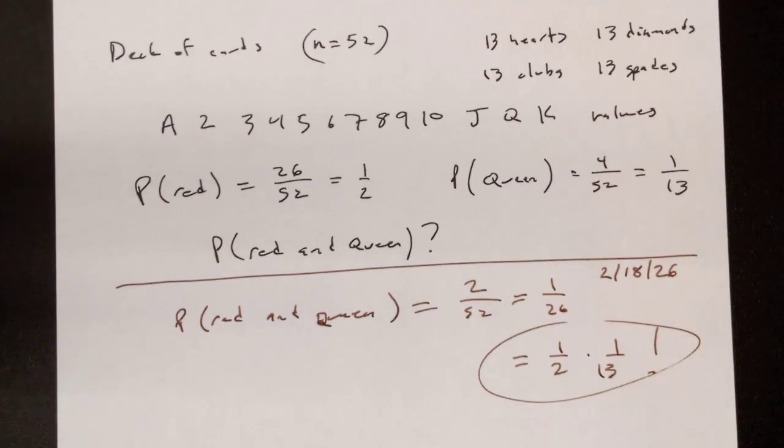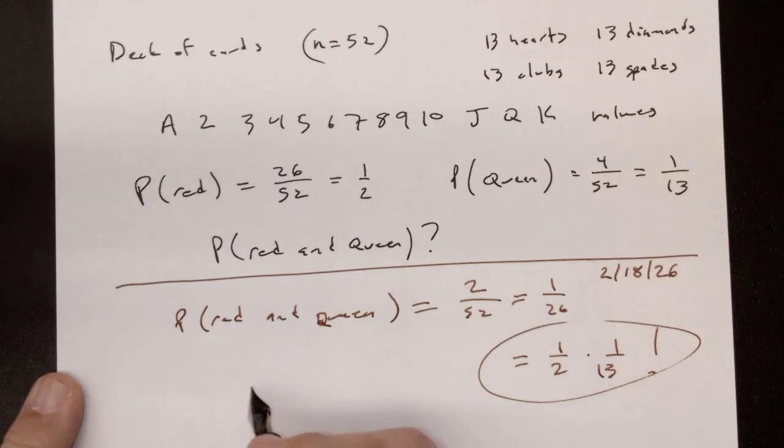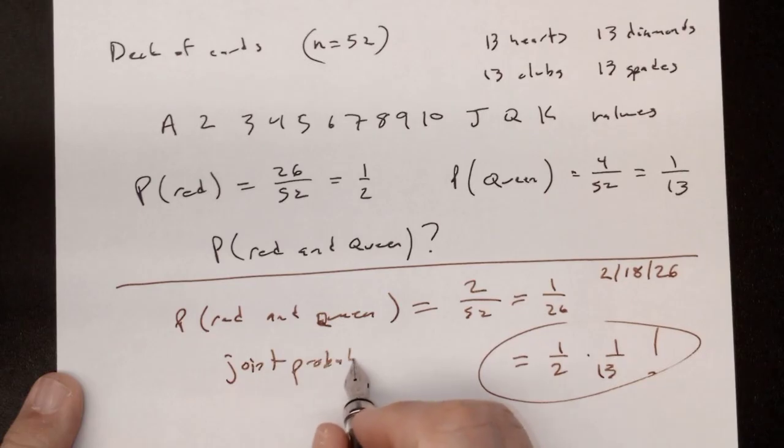Now, that multiplication fact right there, that's not always guaranteed. So while I circled that, I want to come back to it in a minute. Because I'm using an and here, we call this joint probability.